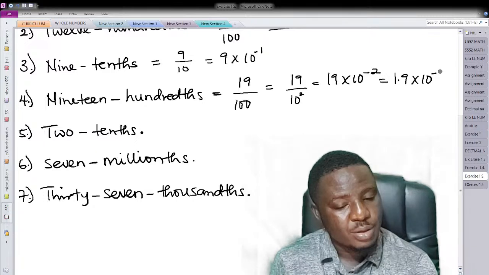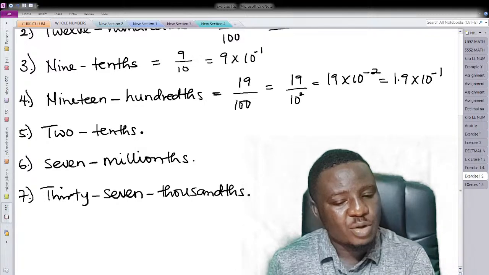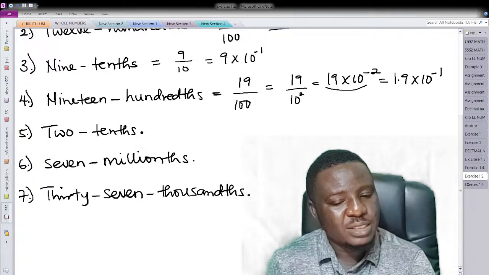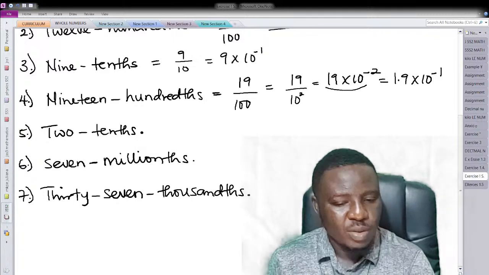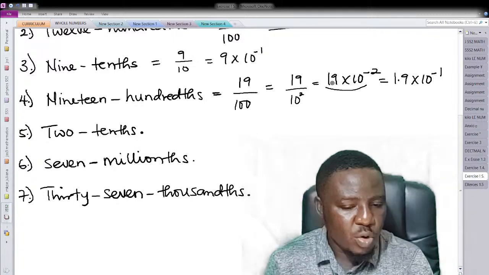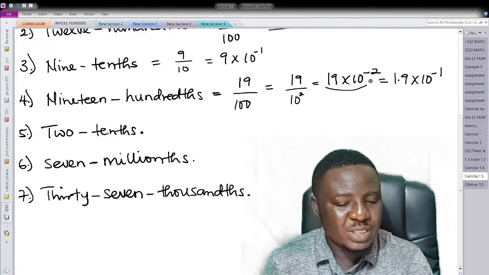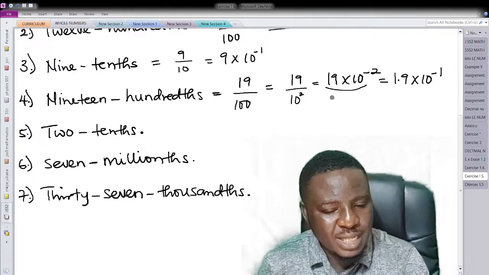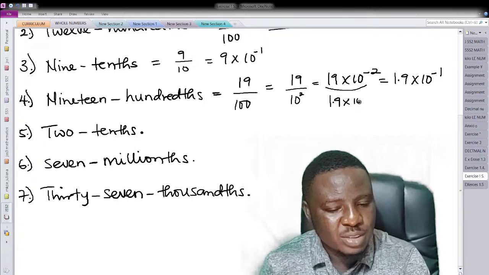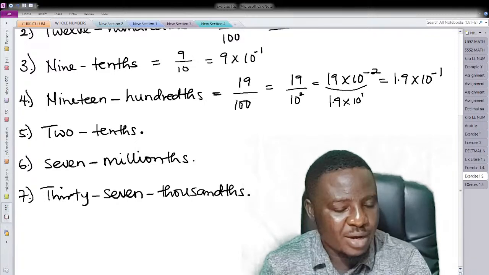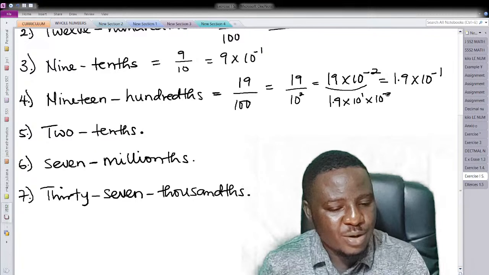It's going to be minus 1. Why? Because this is 19 times 10 raised to the power of minus 2, right? Yes, sir. Okay. And expressing 19 as 1.9 becomes 1.9 times 10 raised to the power of 1, times 10 raised to the power of minus 2.